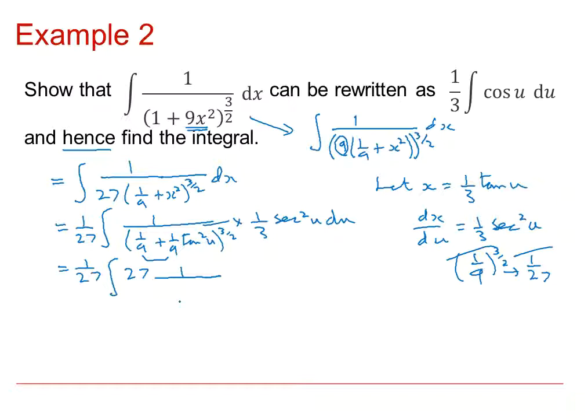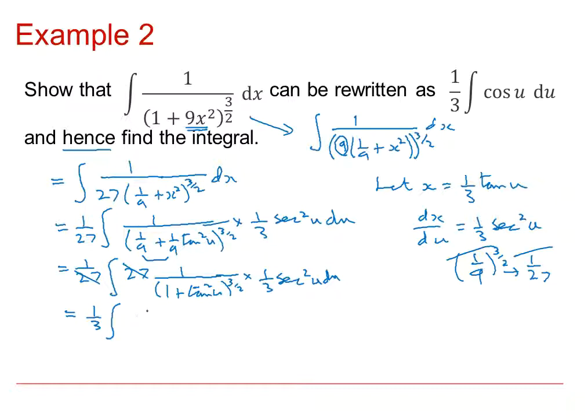and what we are left with in this bracket is just 1 plus tan squared u to the power 3 over 2, and there's still a third sec squared u du. The 27s cancel out. The third I'm going to pull out of the integral so it's nice and clear, I don't lose it anywhere.